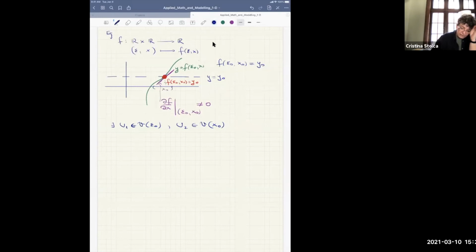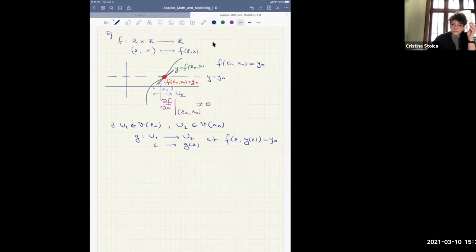That would be U2, not U1. And there I will find the function g defined on U1 going to U2. In other words, epsilon goes into a g of epsilon, such that f at epsilon and g of epsilon is still y naught.